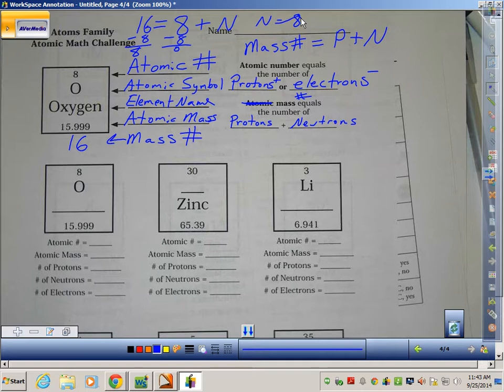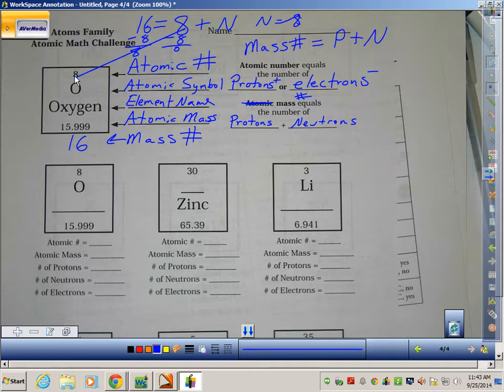There's one more thing you'll need to tell me. We need to talk about things called isotopes. Isotopes is when you have a different number of neutrons than you do protons. How many neutrons do I have? 8. How many protons do I have? 8. Are they the same? Yes.